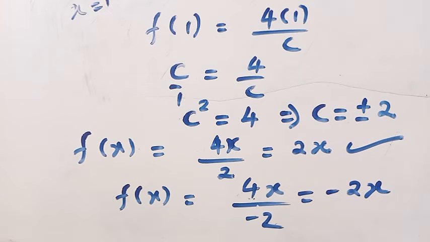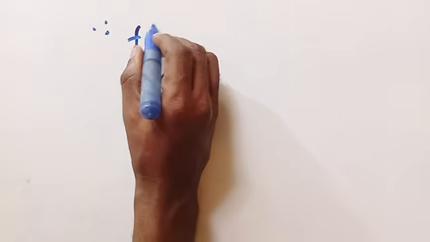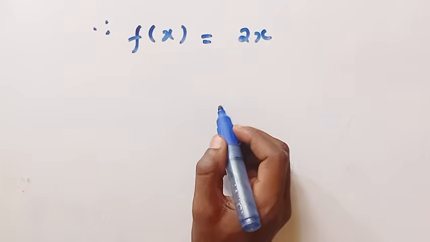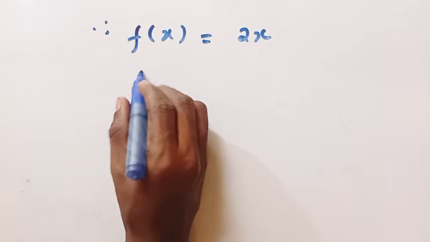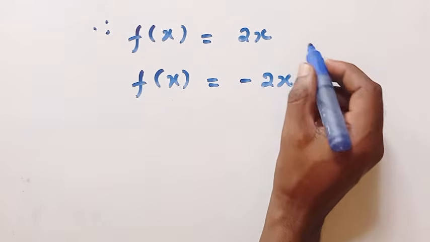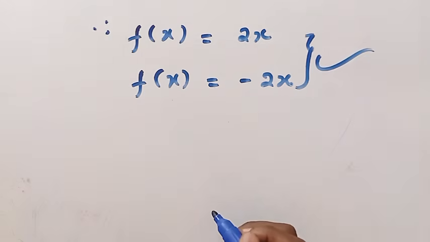We have two different solutions. In summary, there are two values we got: f(x) equals 2x, and also f(x) equals minus 2x. These two solutions are valid.